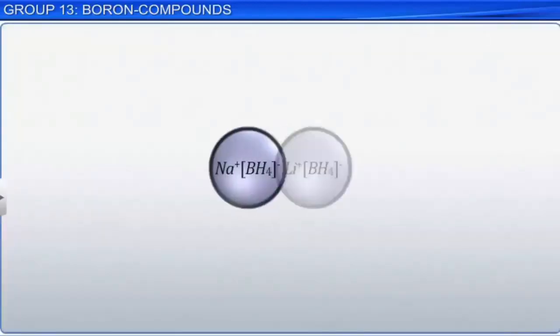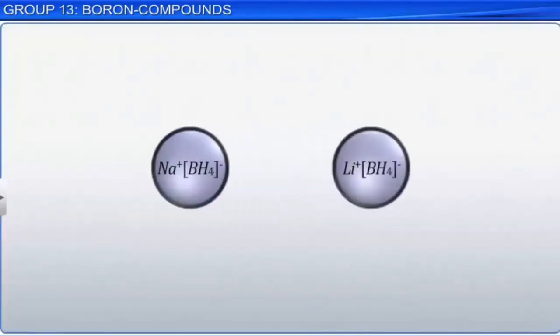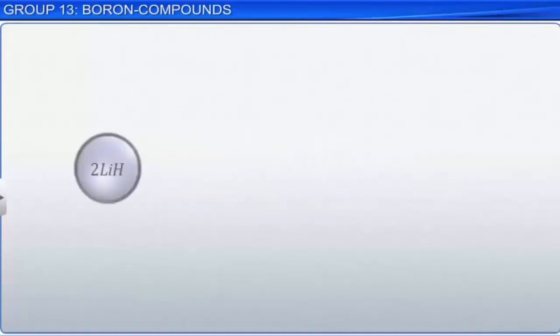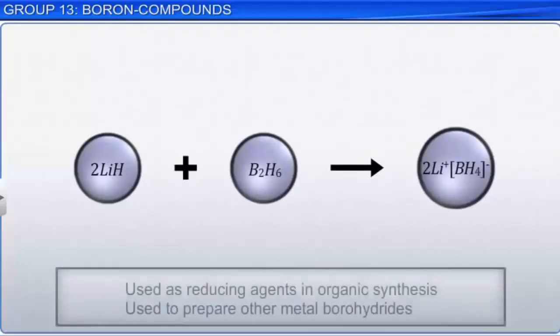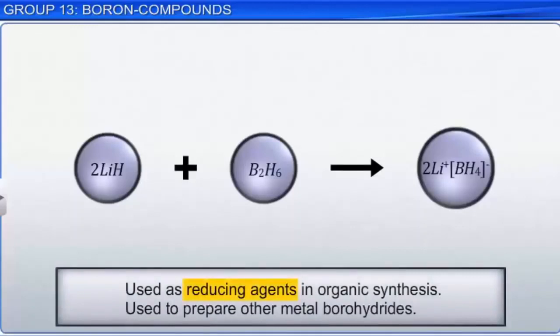Sodium borohydride and lithium borohydride can be prepared by reacting the metal hydride with diborane, as shown in the equation here. Borohydrides are good reducing agents. Thus, they are widely used in organic synthesis, as well as to prepare other metal borohydrides.